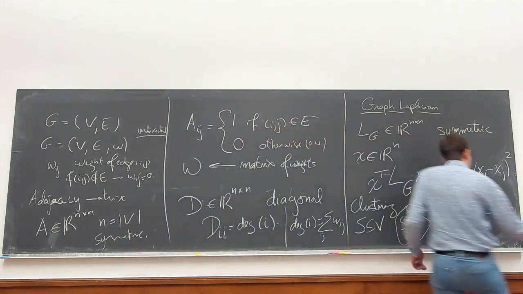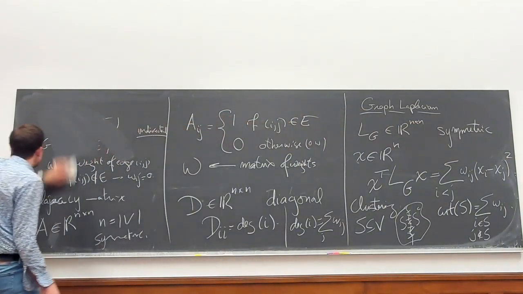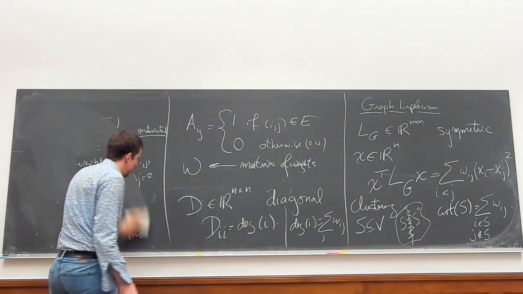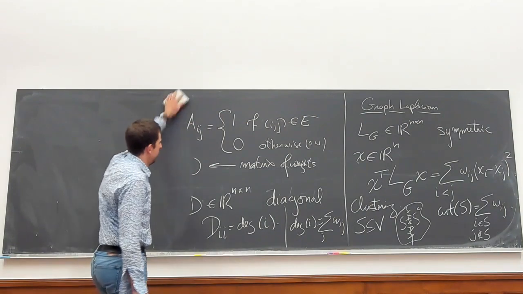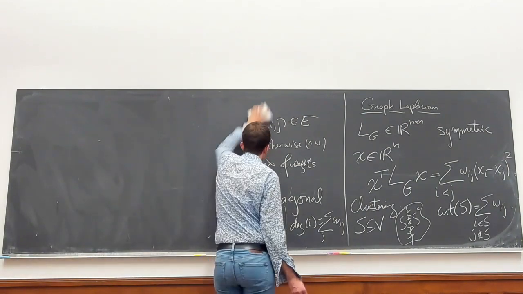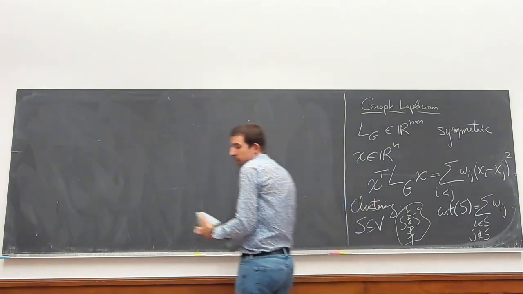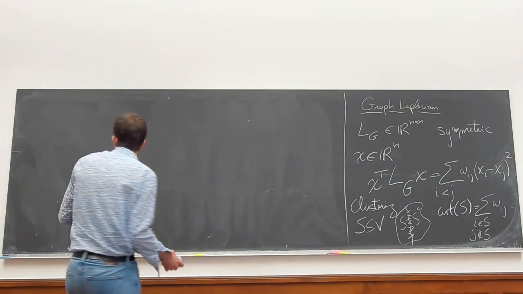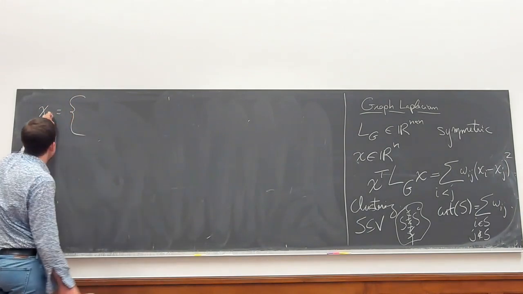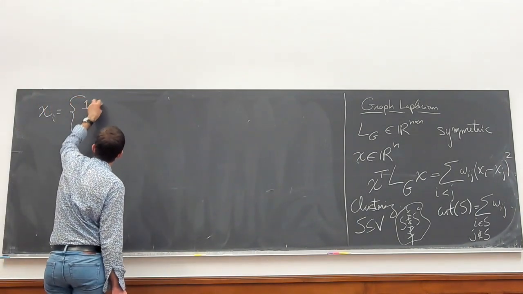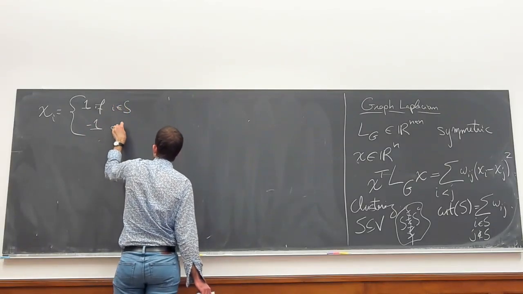So now, as we see, this is related to the Laplacian, right? So let's see. In particular, if I take x, the vector, to be such that x_i is 1 if i is in S and minus 1 otherwise.